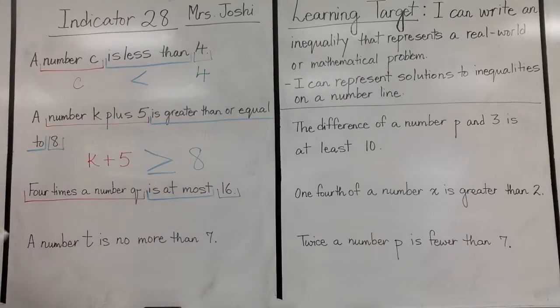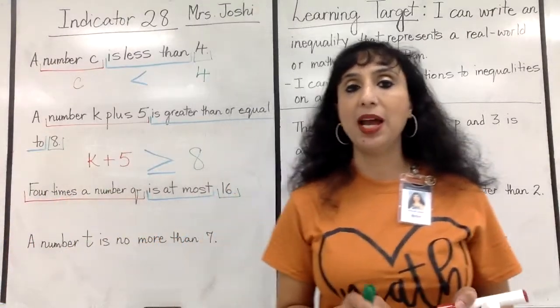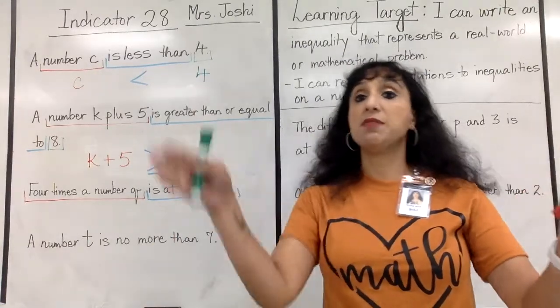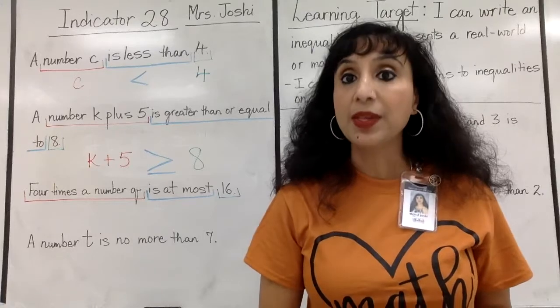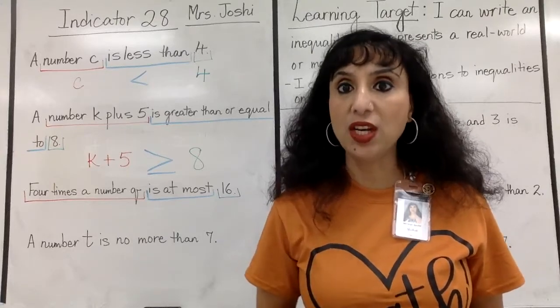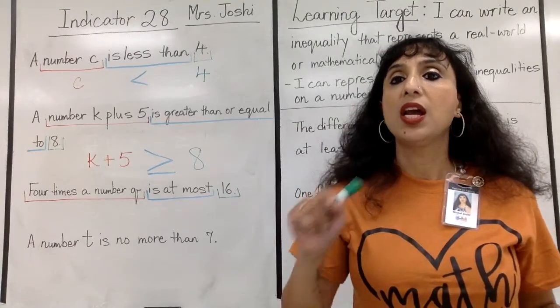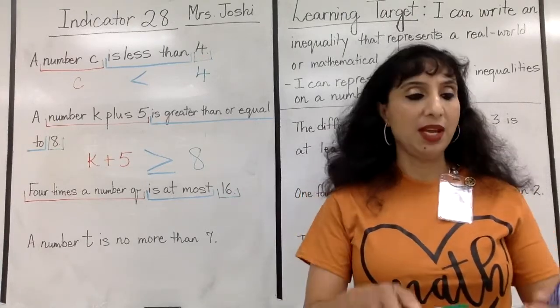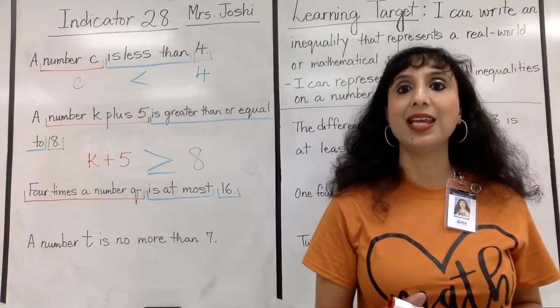Remember what we talked about with multiplying: you don't have to write 4 times Q. All you need to do is write the coefficient and the variable, because the coefficient always comes before the variable. If I write 4Q, that actually means 4 times Q.